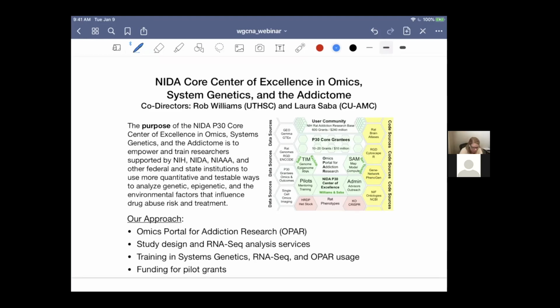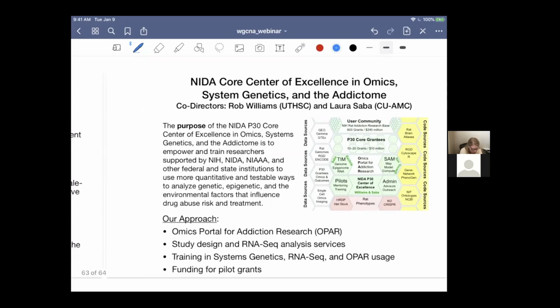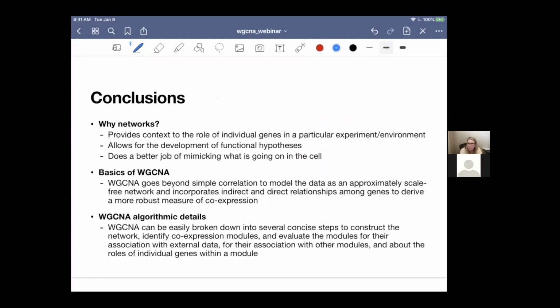Just to reiterate on a couple other interesting ways that people have been using WGCNA: people have looked at splicing through WGCNA and networks like that. They've looked at other omics data like proteomics and metabolomics. I think one of the reasons that WGCNA is as popular as it is is not that it's an overly complex model, but if you're familiar with R, they've done a fantastic job of putting a package together.